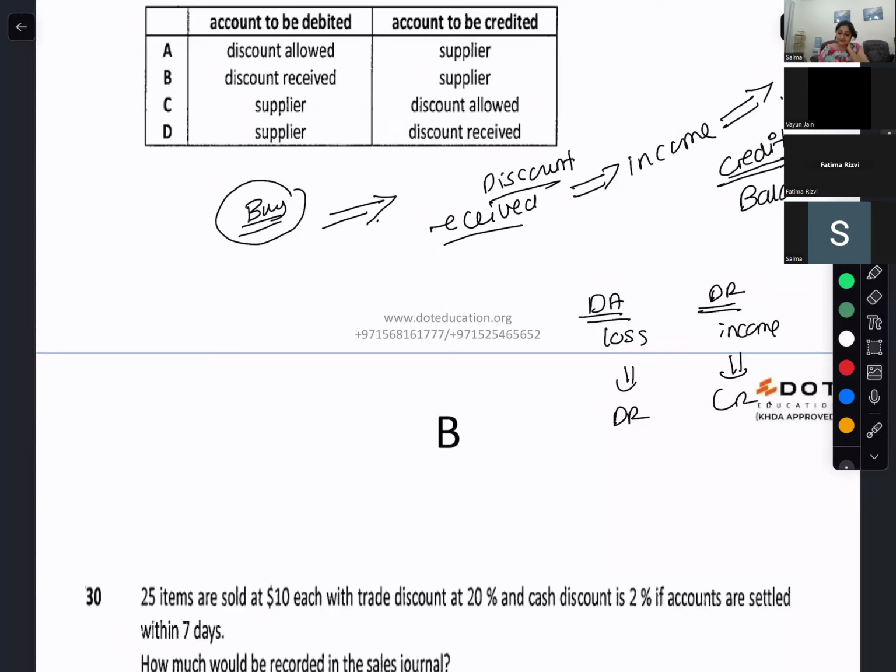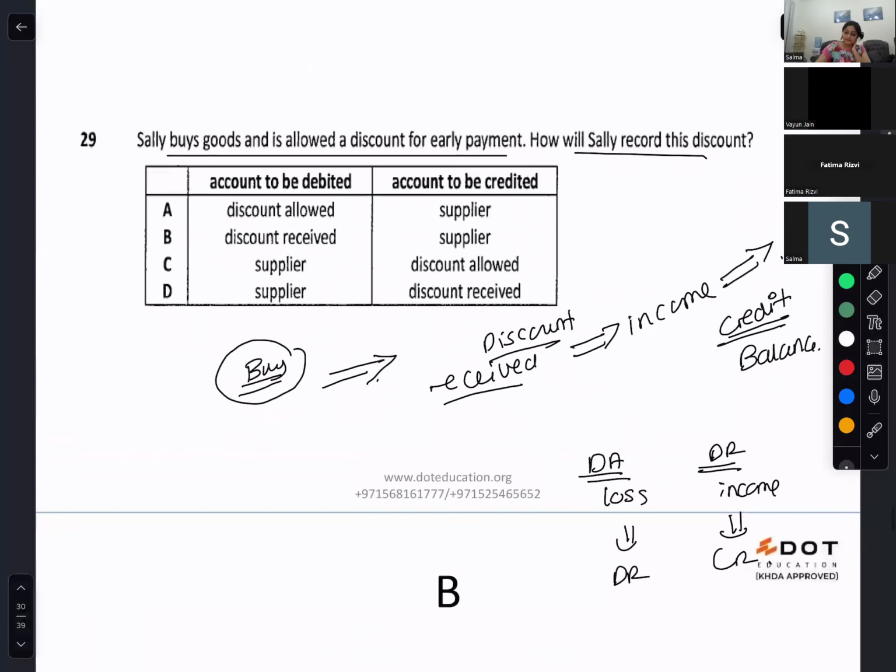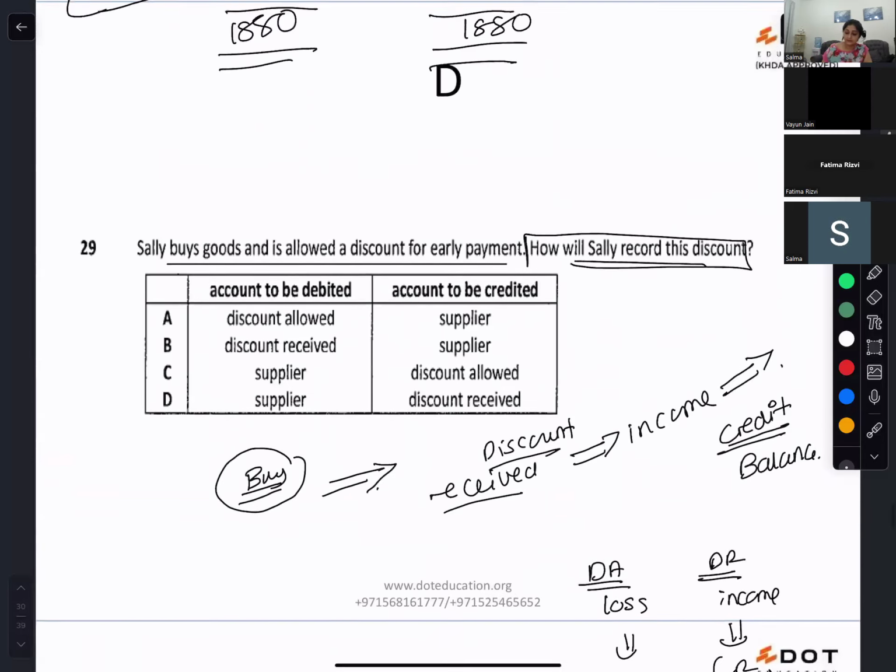Now what do they want? How will Sally record this discount? The supplier account will be debited and the discount received account will be credited. Option D.